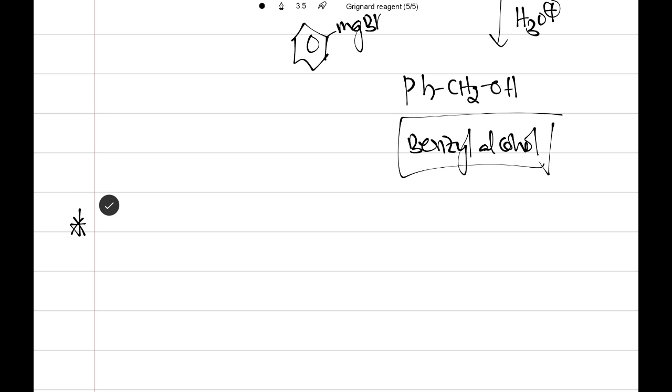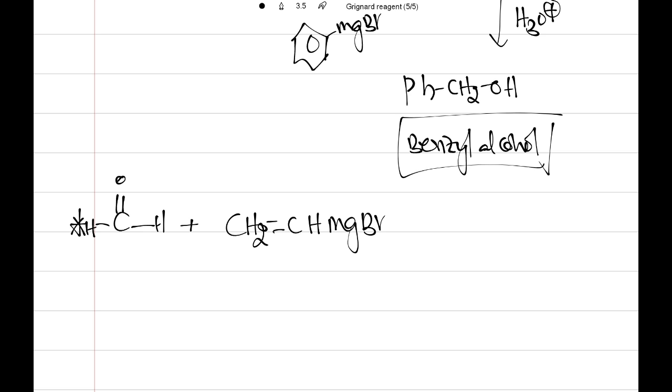Right. Next example I am taking. If I treat formaldehyde when it is reacting with CH2 double bond CH MgBr, what is the product of the reaction? When this attaches to the electrophilic carbon, the electrons shift towards the oxygen. Now what can we get?